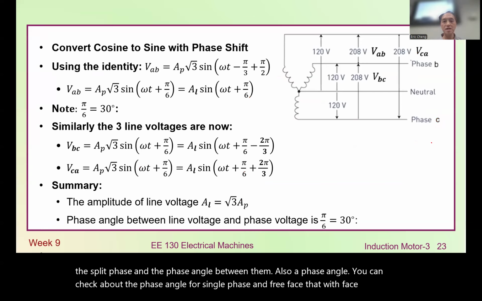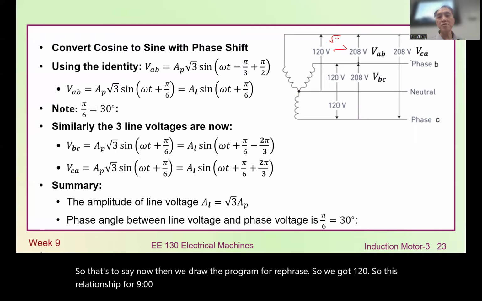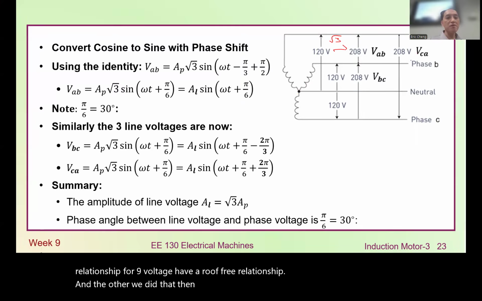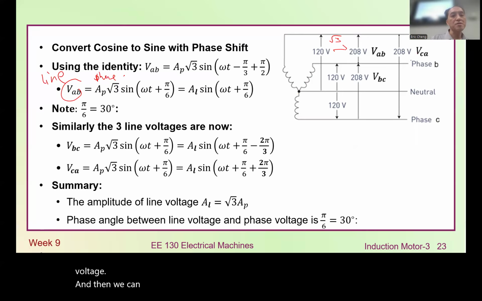Anyway, if we draw the diagram for 3-phase, we have 120, and the line voltage has a root-3 relationship. After we did that, we can see the line voltage here, and then we can have the phase voltage amplitude.